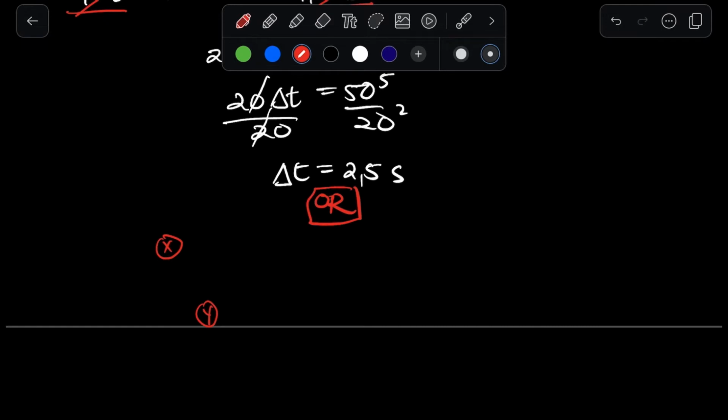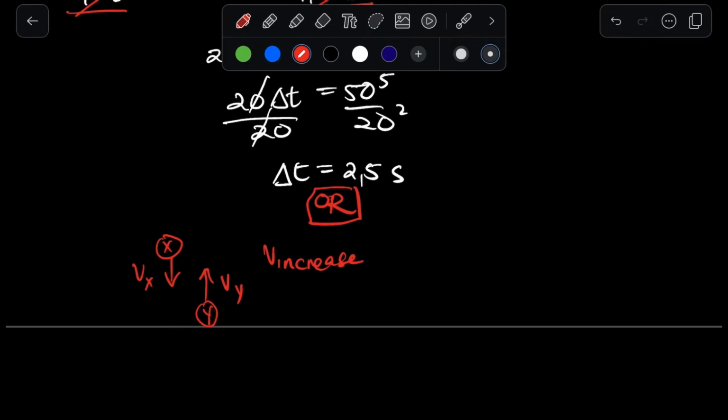They are both approaching each other. So as they approach each other, their velocity increases. The relative velocity increases as they approach each other.